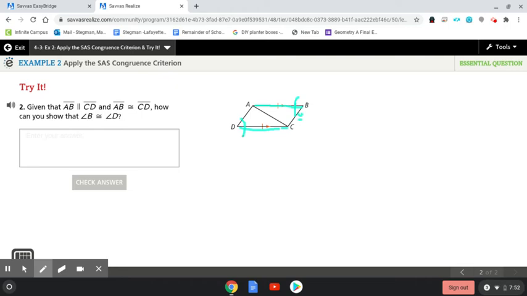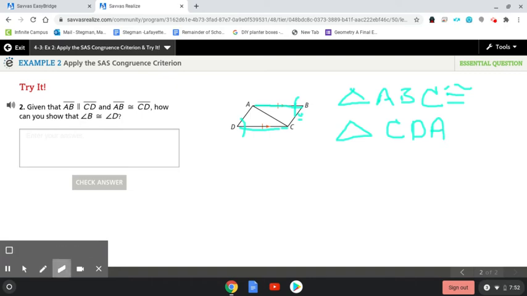Okay, so first off, we need to show that triangle ABC is congruent to triangle CDA. So we need to show that those two triangles are congruent.